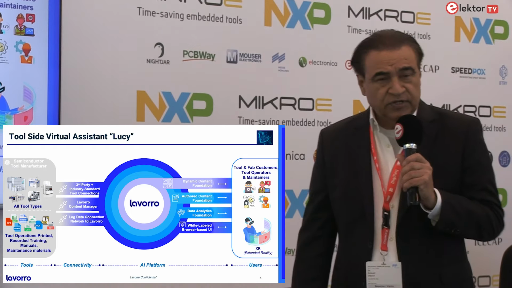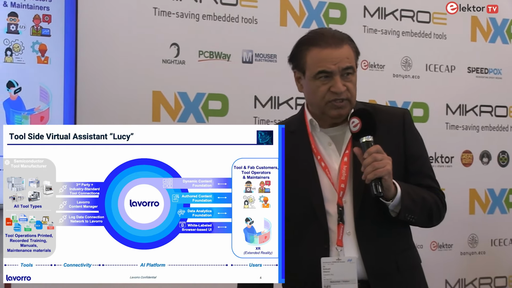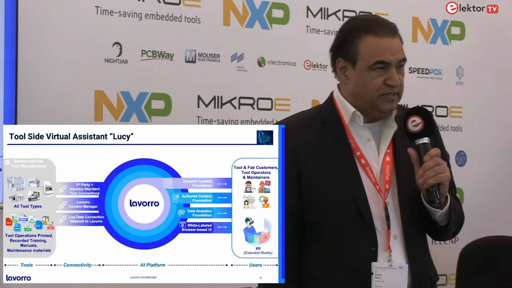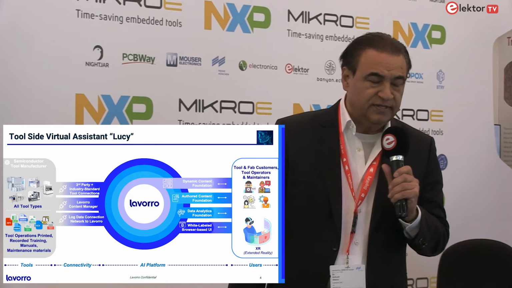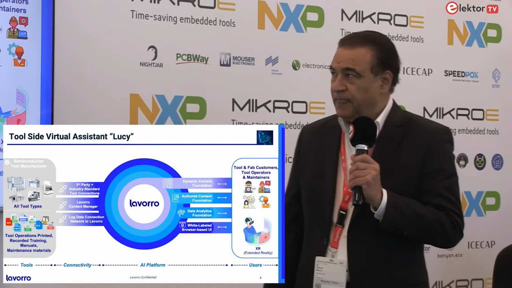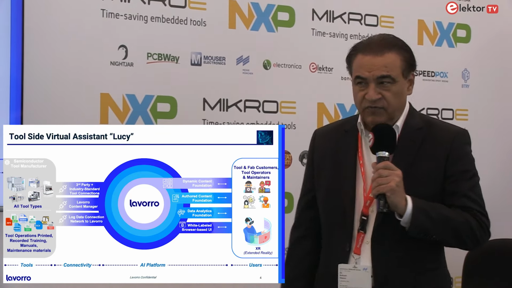The other thing that we do is, as you know, in the fab there are three major elements: the tool data, fab data, and then the knowledge base of the user. On the tools side, we have a virtual assistant.